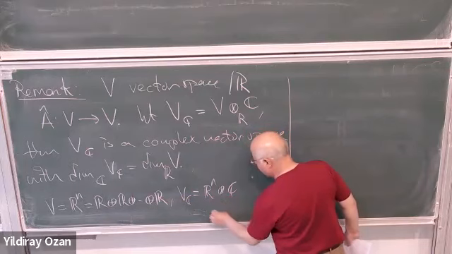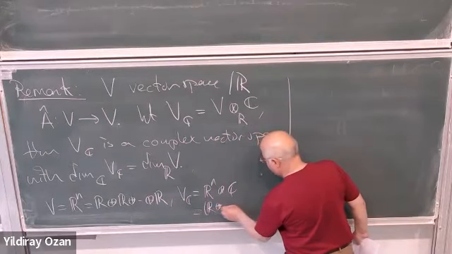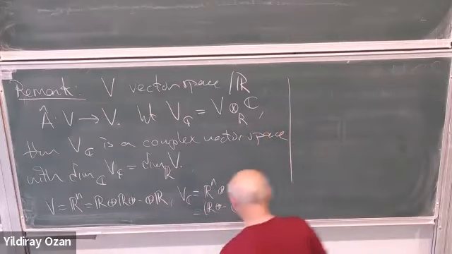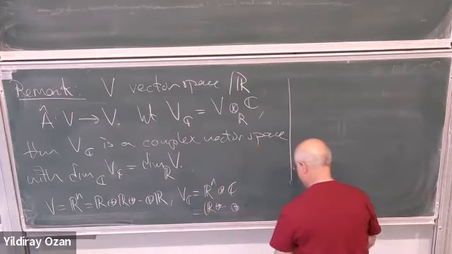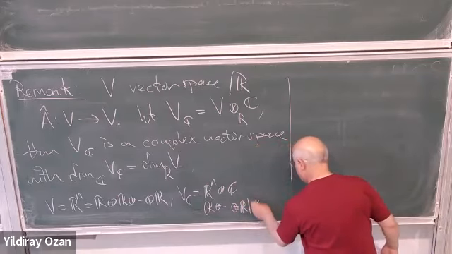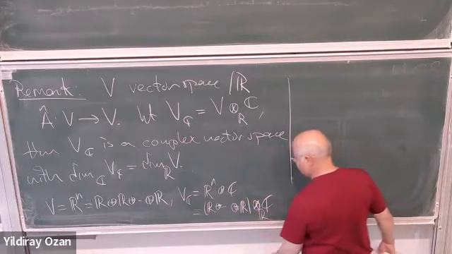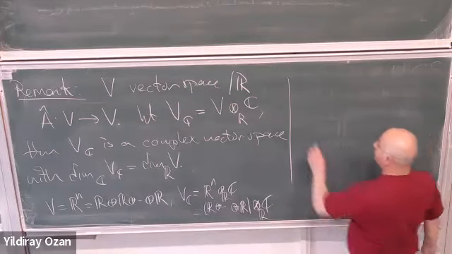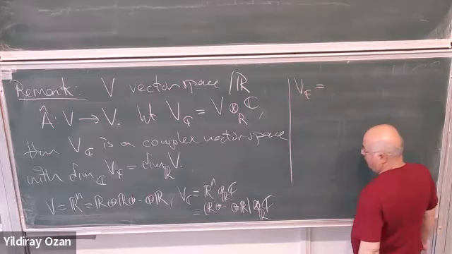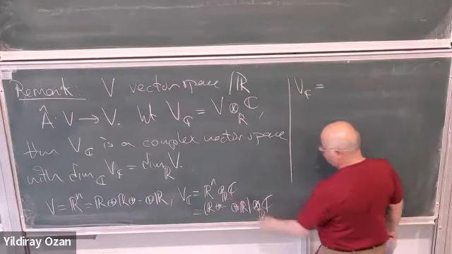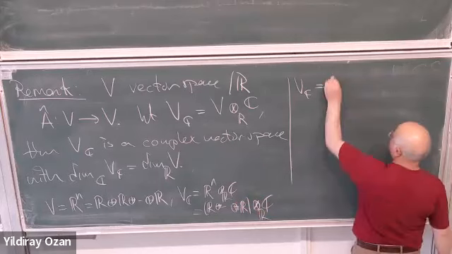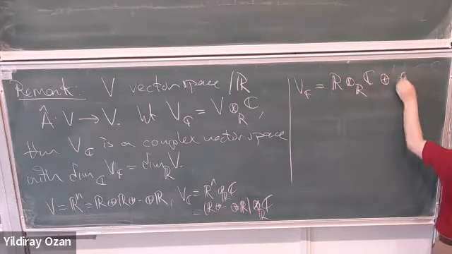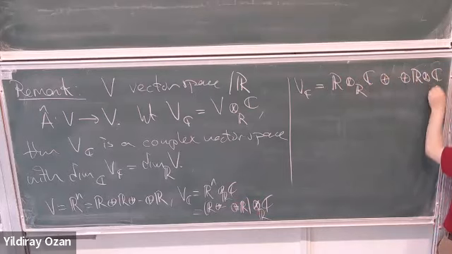So this becomes R direct sum R and so on, tensor C, of course over R. It distributes over addition, so it is just R tensor C direct sum R tensor C and so on.